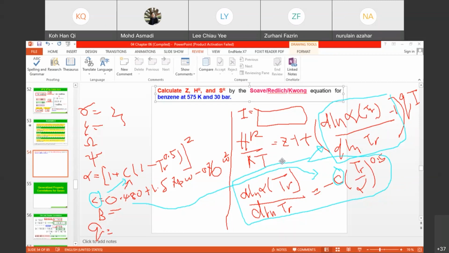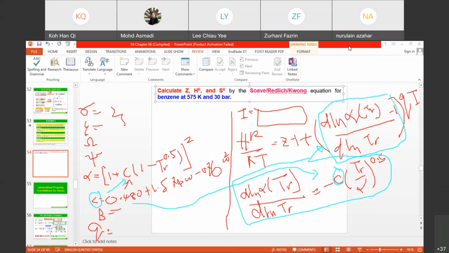So that is all for the Soave-Redlich-Kwong as well as Peng-Robinson. For Peng-Robinson, it is similar, the same steps and similar equation. Any questions about this one? Okay, I guess this is clear.